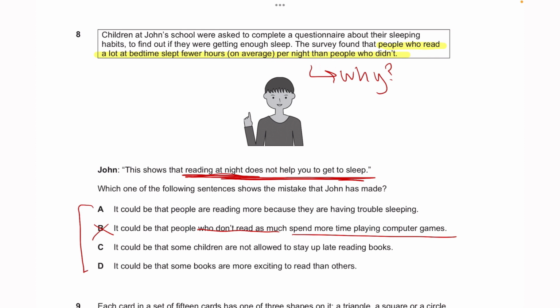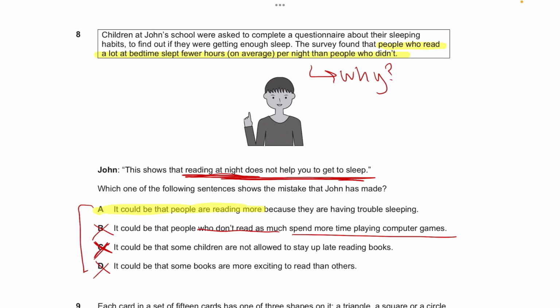And so C is incorrect. And then we've got D: it could be that some books are more exciting to read than others. That may be the case, but that doesn't tell us exactly why people who read at night slept fewer hours, and that wasn't really what was researched here. And so therefore our answer is A.